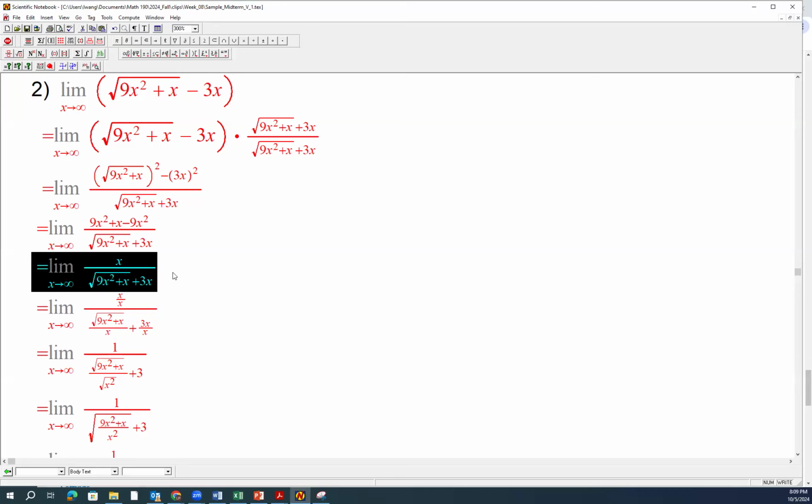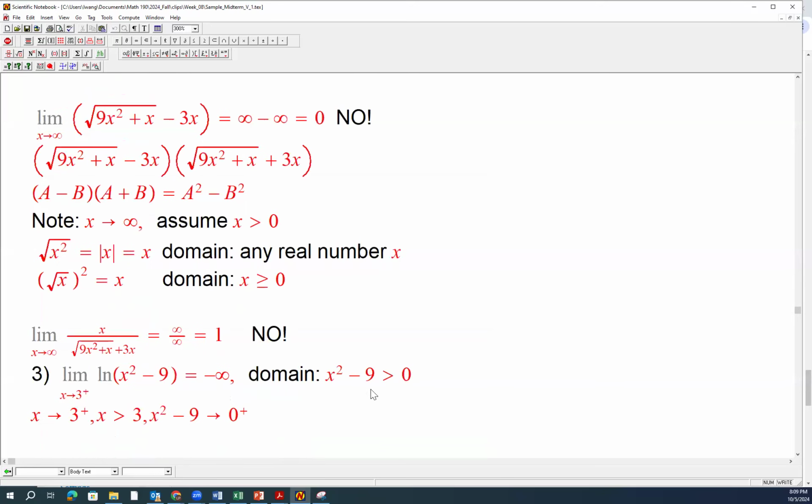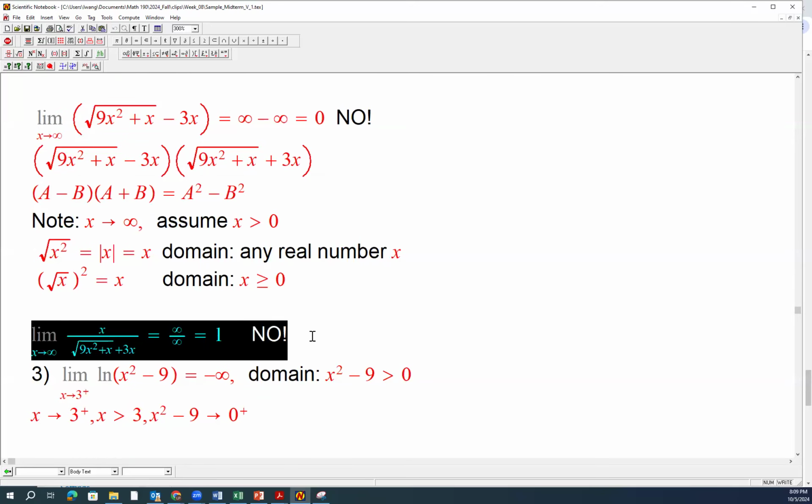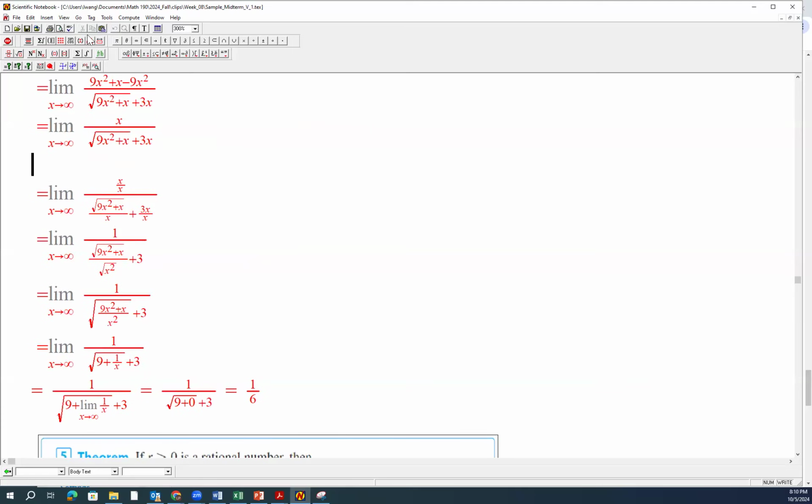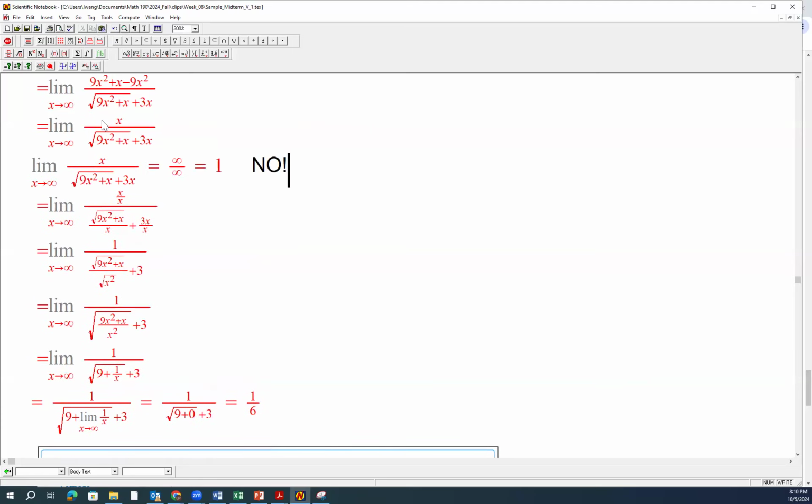So we get into the situation, this situation is infinity divided by infinity. As x approaching infinity, the top is infinity, denominator infinity. Does it equal to 1?